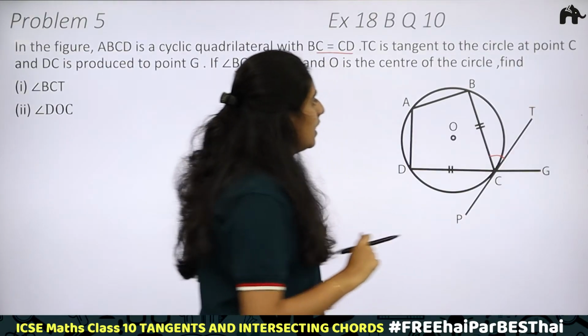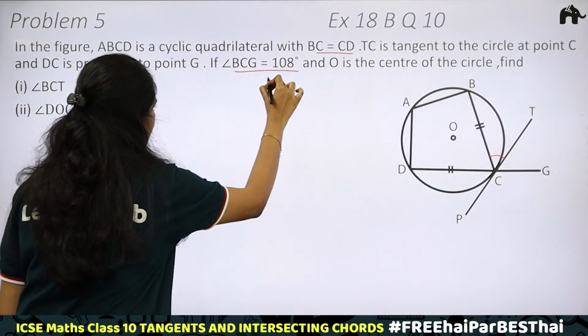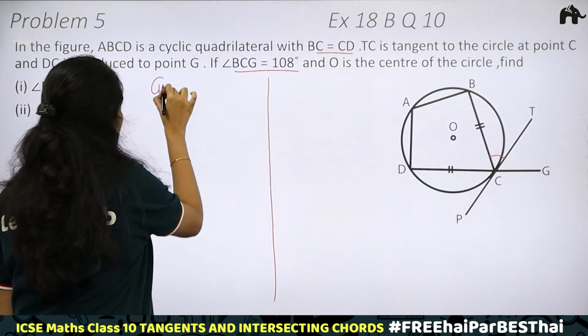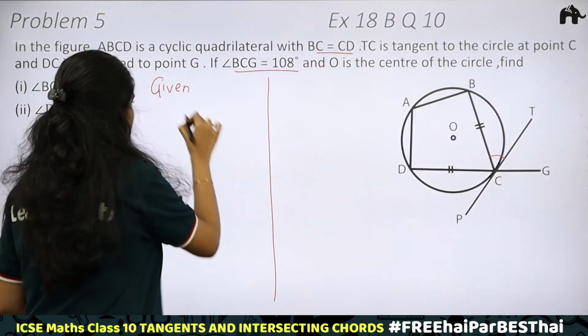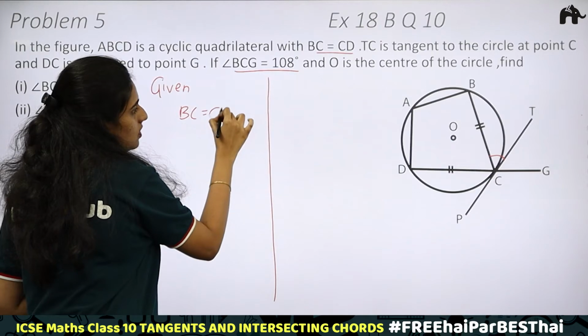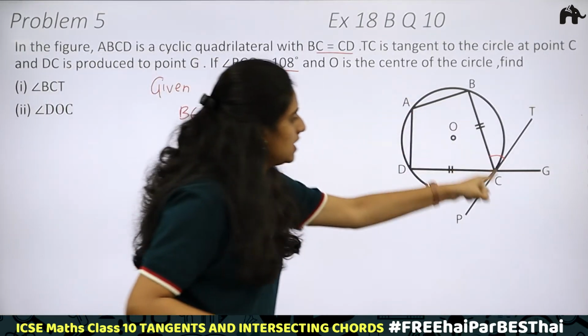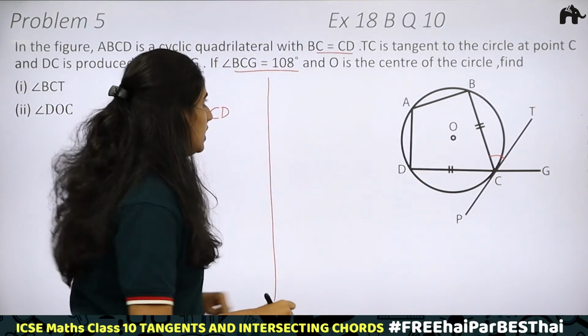Now, what are the given conditions? We have BC equal to CD. This is BC and this is CD. They are equal.